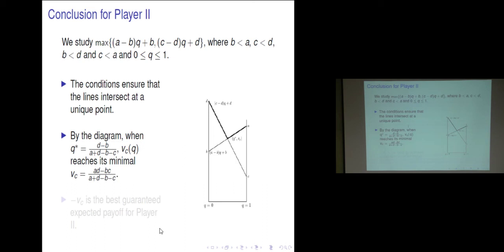So at the point Q star, you get the special value V sub C, the column player's value. If you take the negative value, that is the best guaranteed expected payoff for player two. The reason is similar.